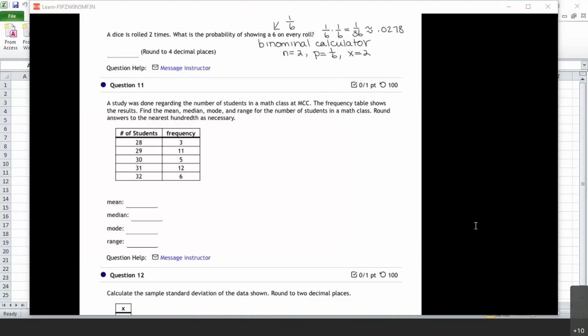I can show you how to do it by hand, but what's the point? Use the calculator. Let me show you this calculator really quick, just to make sure everybody's comfortable with it.